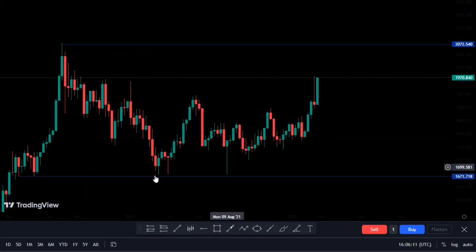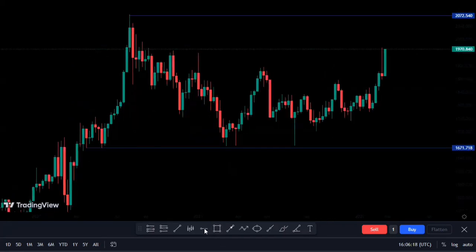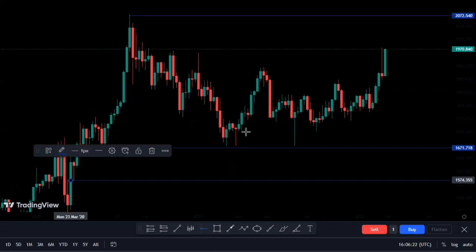A double bottom. So this is a double bottom. From here again, I can see I have another low that I missed because it wasn't clear on my bigger picture. So I also cater for it. This is where I use my horizontal ray again. And then I move forward.